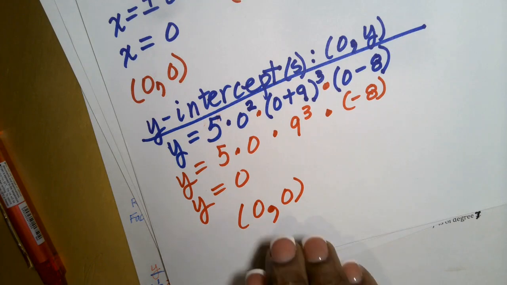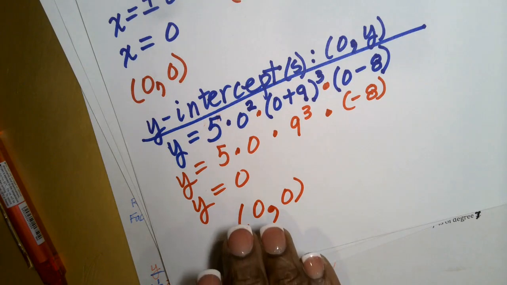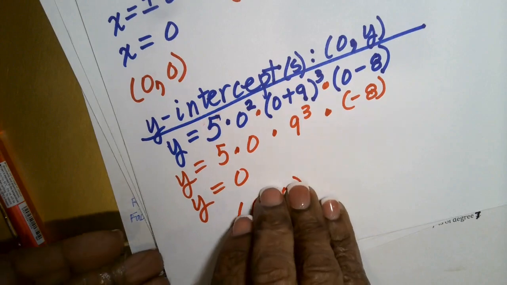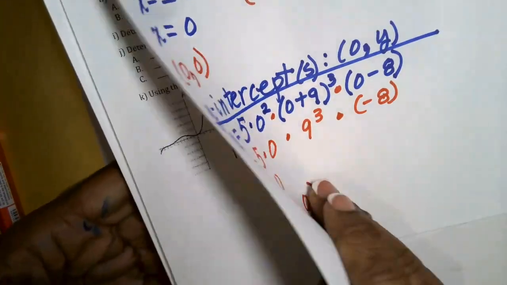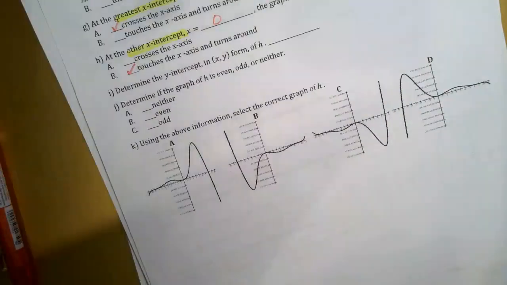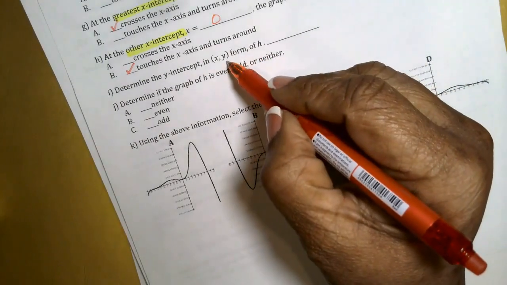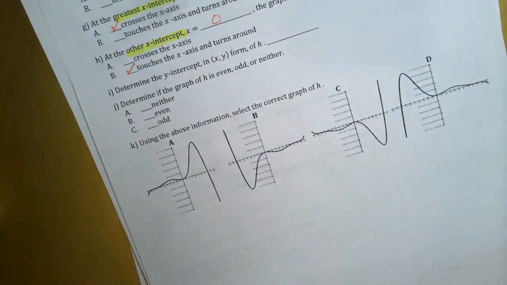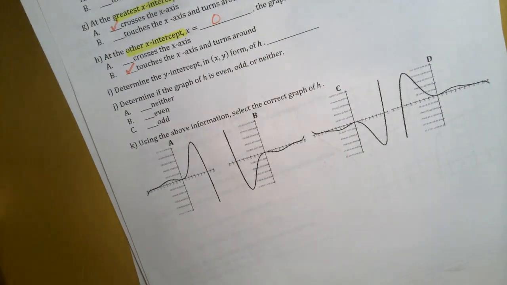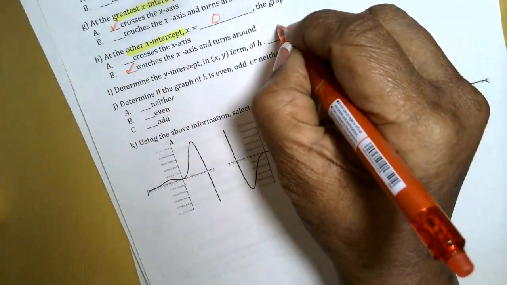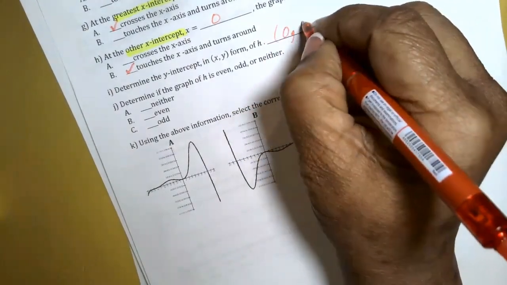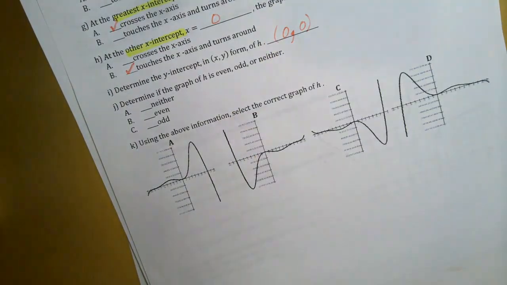So when we answer our question for this problem, we want to make sure we list for part I, and this time they want us in ordered pair format for our answer. The y-intercept is (0, 0).